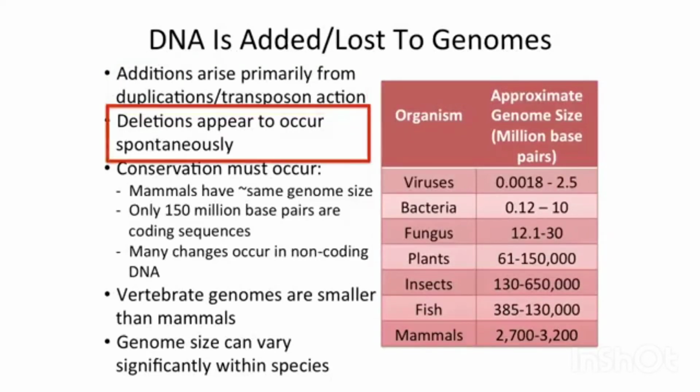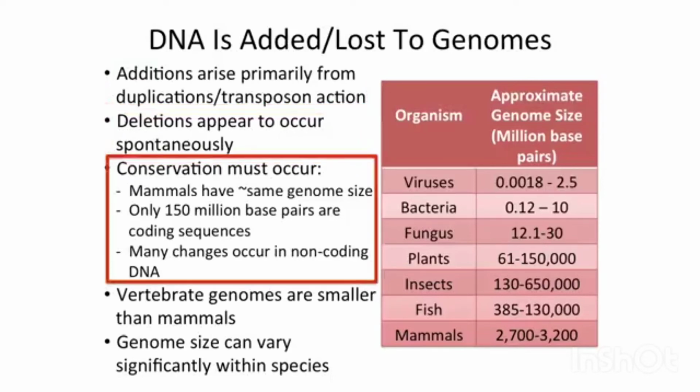Deletions occur spontaneously in response to DNA damage and other factors, but some conservation must occur. For example, mammals have a very similar genome size, whereas other organisms have quite wide ranges. But of mammalian genomes, only 150 million base pairs comprise the coding sequences, a very small fraction of our total DNA sequence, and many changes occur in non-coding DNA.